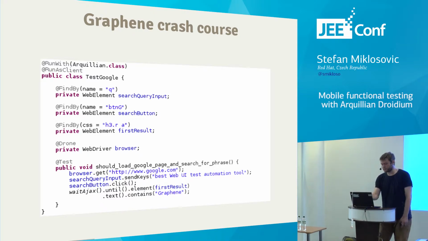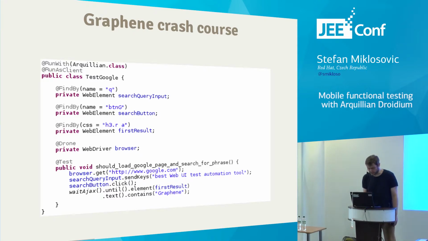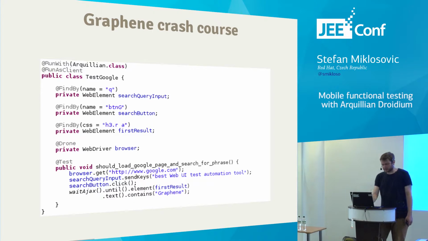Right now, we do not have any deployment because we just do not need it. Let's say we open Google and write into the input field some query, click on the button, and wait until some results are visible.